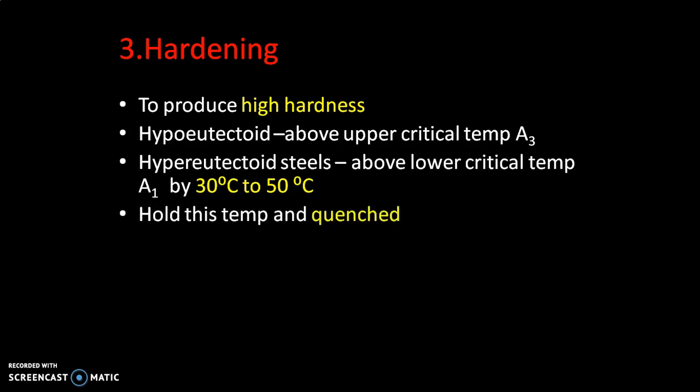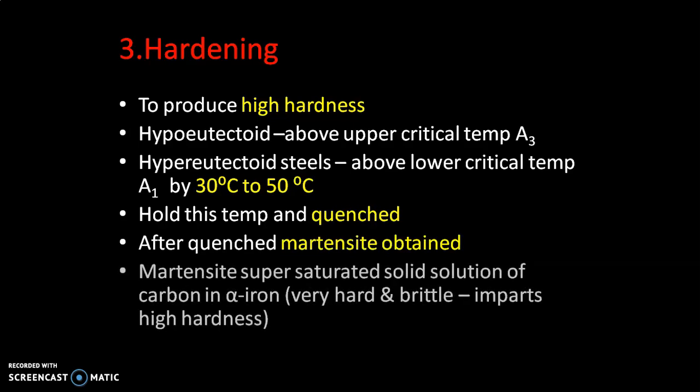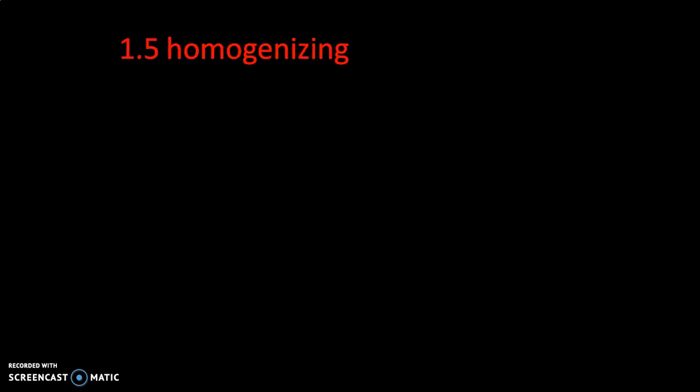Hold at this temperature and then quenching occurs in the hardening process. After quenching, martensite structure is obtained. Martensite is a supersaturated solid solution of carbon in alpha iron. It is very hard and brittle, and it imparts a high hardness structure.